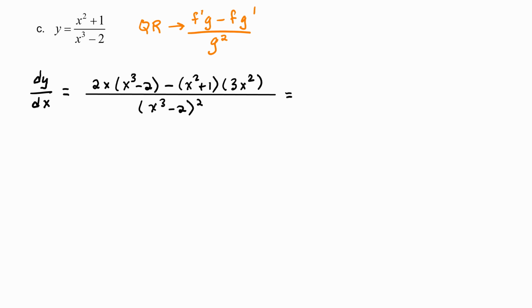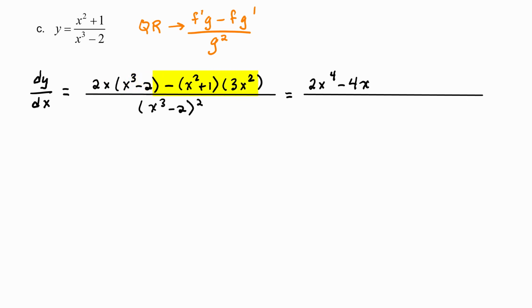Let's simplify. Distributing on this first term, 2x times x cubed is 2x to the 4th. Then 2x times a negative 2 means we need to subtract 4x.